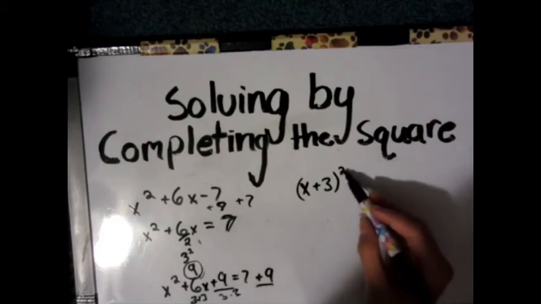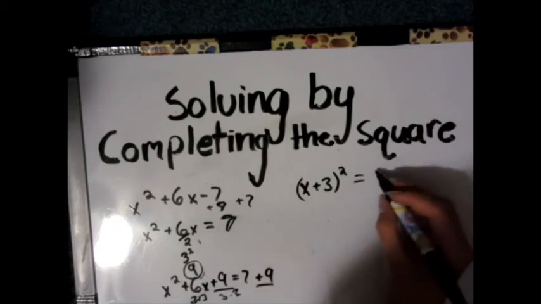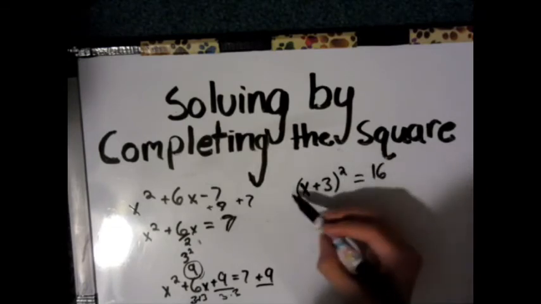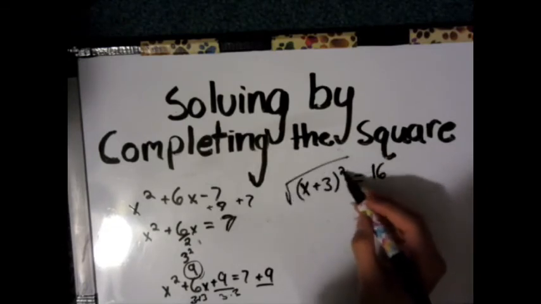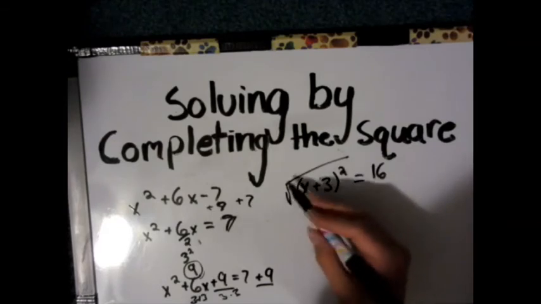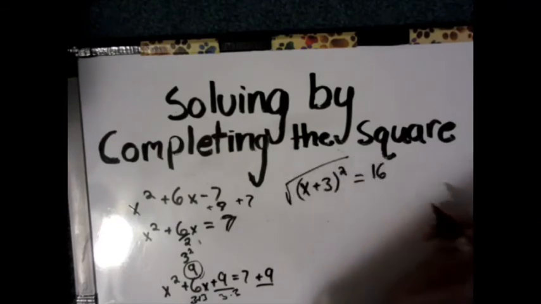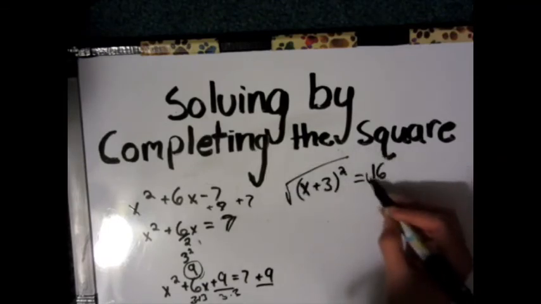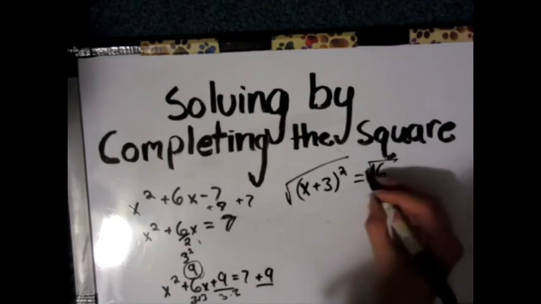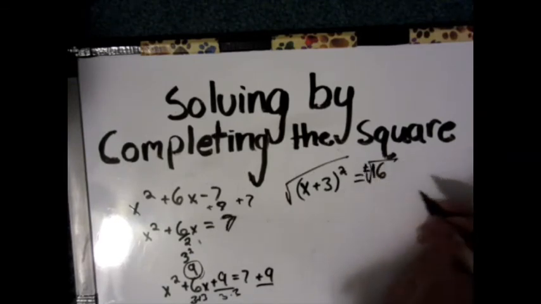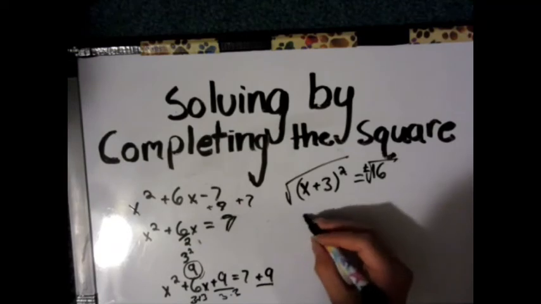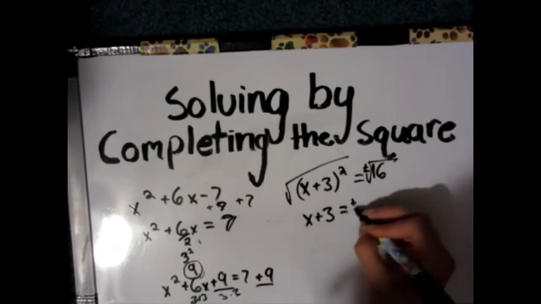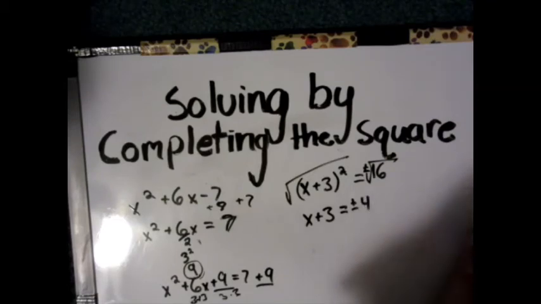So that now when we add the other side and get 16, we can use the square root method and just do the inverse of squared. So take the square root of it on both sides. Make sure that you remember that that will give you two answers. So x plus 3 equals positive or negative 4 when you simplify it out.